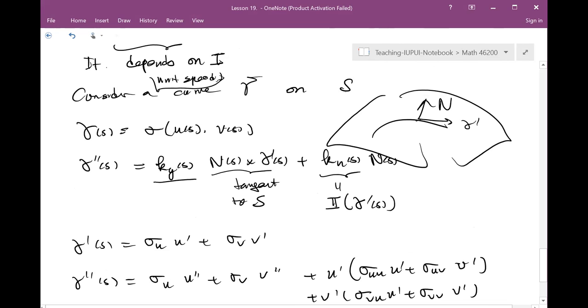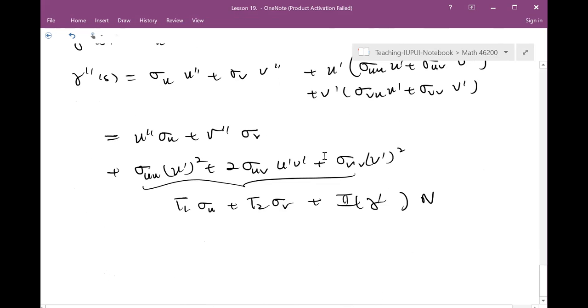So that will be n cross gamma prime, right? These two vectors are tangent to the surface at that particular point, because they're all perpendicular to n. Okay? But this can be expressed as, you know, we already have u double prime.